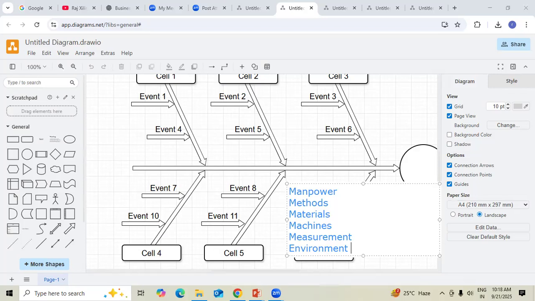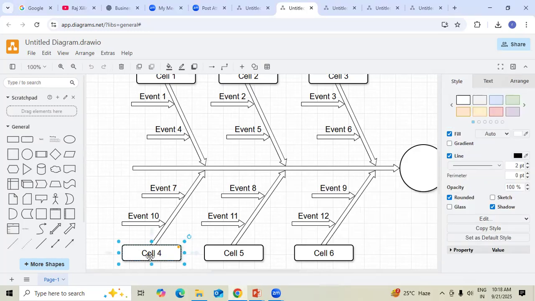Now, first we need to know how this fishbone diagram can be created. If you want to create a fishbone diagram, first of all, we must update the major cells which are involved in it, as I just mentioned here.